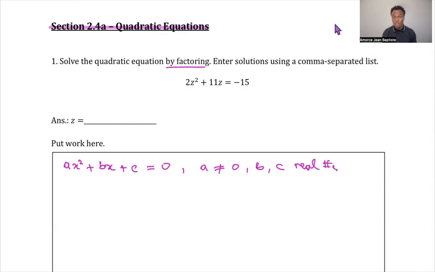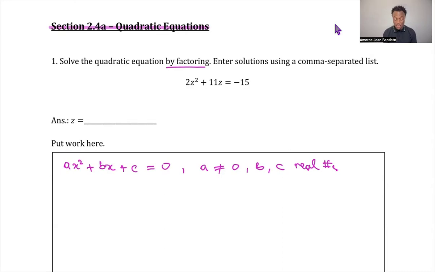If they're 0, then we will make some consideration. For example, if c is 0, then you have ax squared plus bx equals 0, and you solve by factoring out the GCF, which will be x.